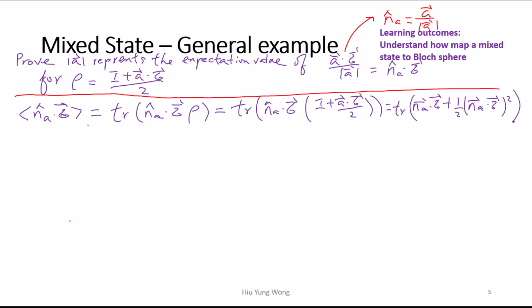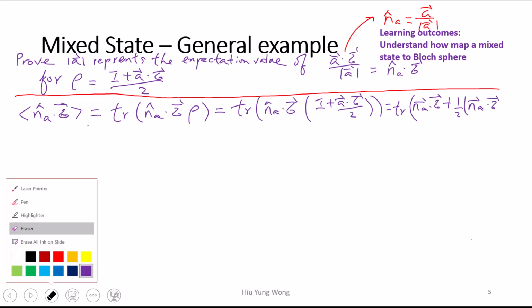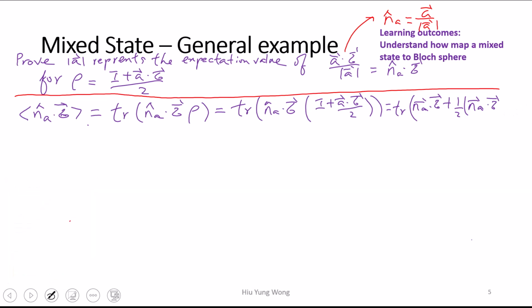The expectation value of NA dot sigma is, of course, by what we proved earlier in the last video, the trace of NA dot sigma, which is an operator, times the density matrix. The density matrix is I plus A dot sigma divided by 2. So you multiply this to here, you get NA dot sigma, good. And the whole thing is NA dot sigma times A dot sigma, so I cannot use a square, I'm sorry. It's ugly, but hope you get it.